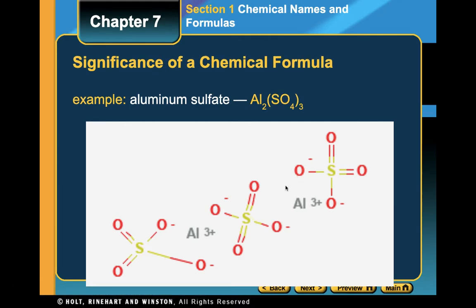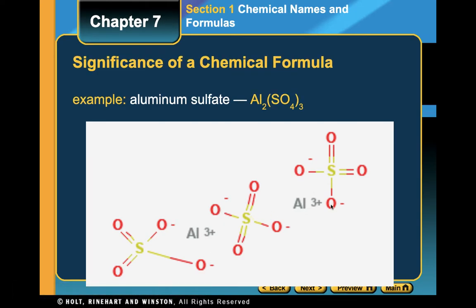Okay? So let's take a look at how well balanced this compound is. We see that each aluminum has a charge of positive 3. Each sulfate has a charge of negative 2. See, -1, -1. So overall, they have a charge of negative 2. If I look at this aluminum, the positive 3 is surrounded by 3 negatively charged oxygens.